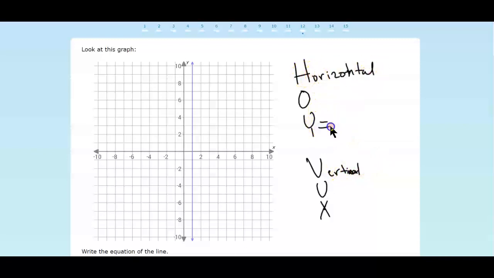Horizontal lines are y equals equations with a zero slope, and vertical lines are x equals equations with an undefined slope, which we'll talk about slopes later, in a very soon lesson. Y equals equations and x equals equations.